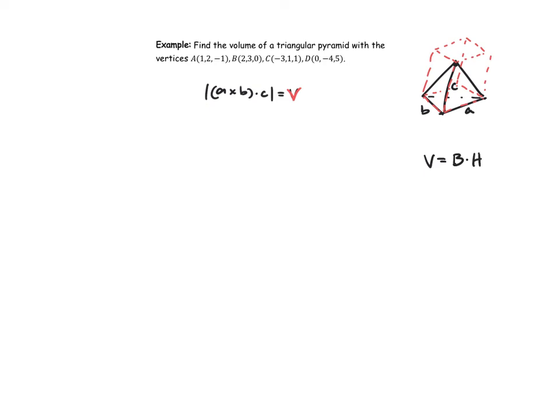So the area of the base would be like this parallelogram here, or whatever the quadrilateral might be. Okay, so that'd be the area of the base. The height would be whatever the altitude is, right? So straight line distance from top to bottom, that'd be your height.